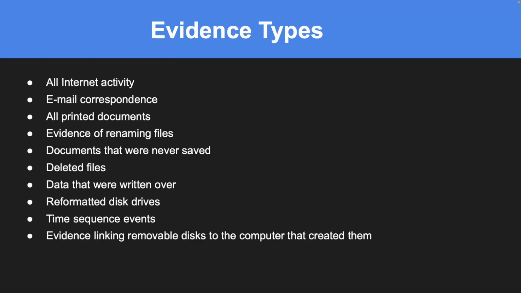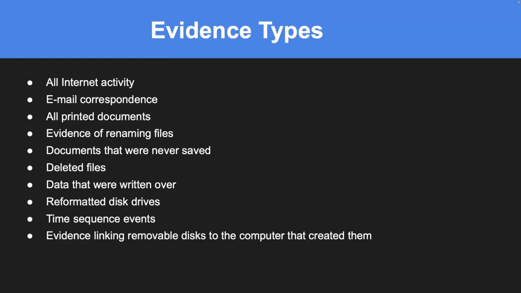So again, some evidence types that we may see on a Windows computer. Maybe, for instance, web activity through any browser like Edge, Firefox, Chrome, or any browser of your choice. Some email correspondence through either the mail app or through any browsers discussed above.